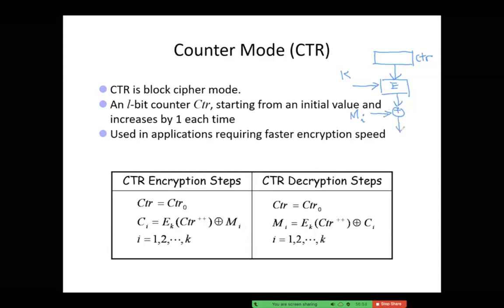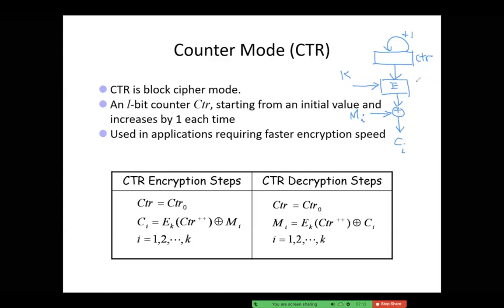So that gives me Ci. Then I'm going to increase it by 1.